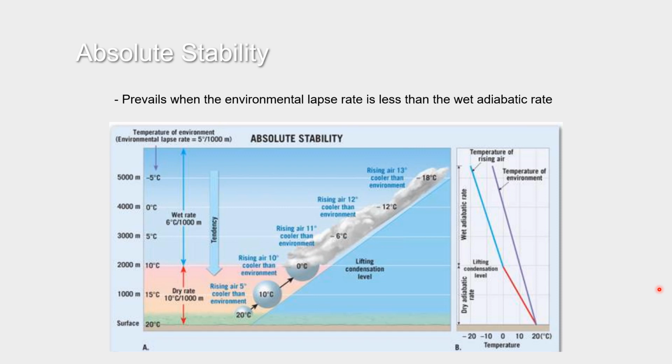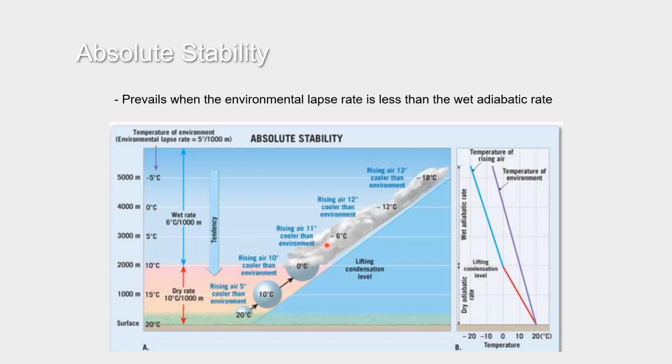If this stable air is forced above the lifting condensation level, here is the lifting condensation level. If this air is forced to go up, as shown here, then you can see flat, widespread clouds.